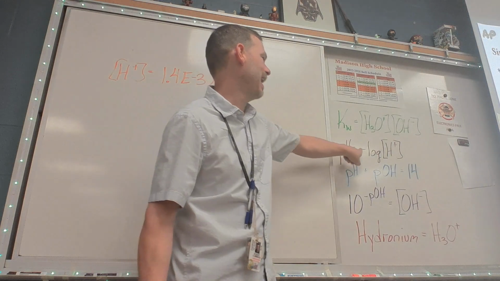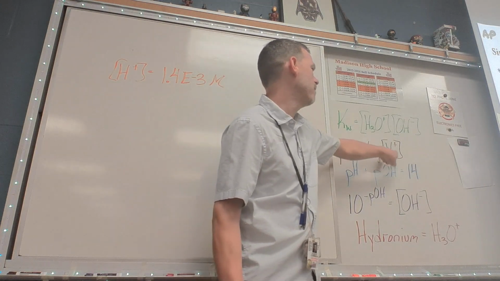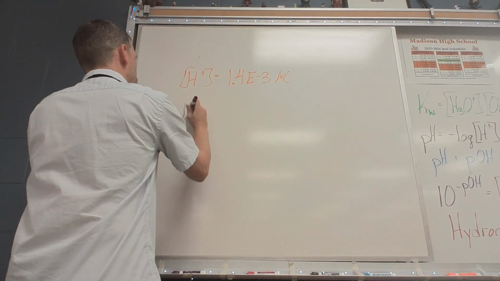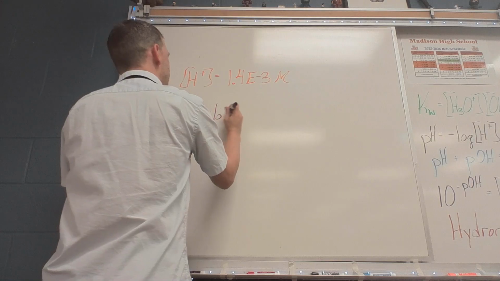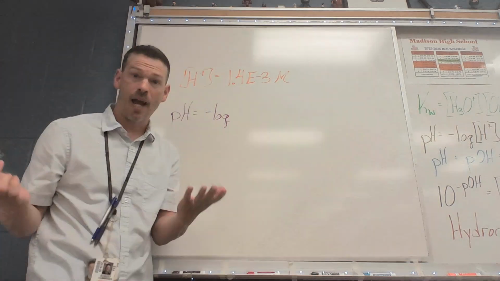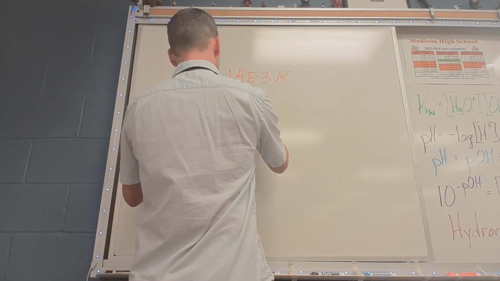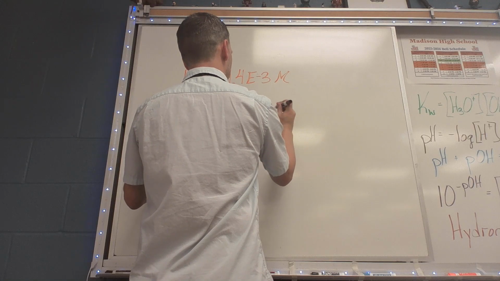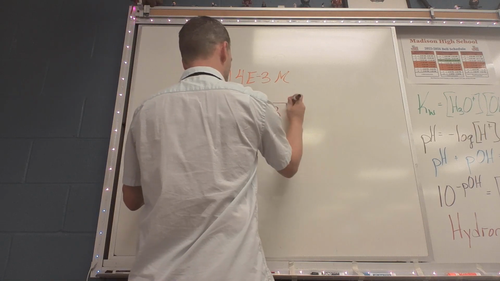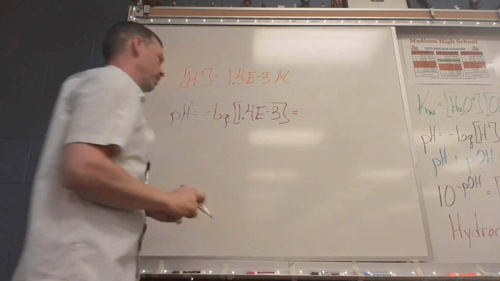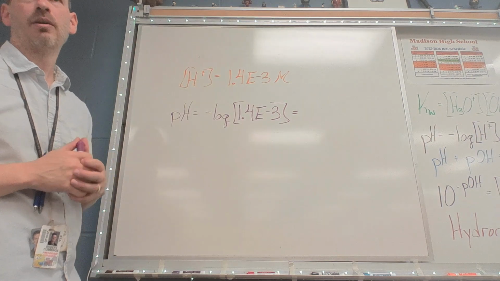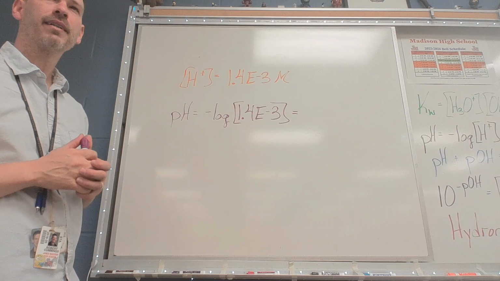The pH is the negative log of the H plus concentration. So let's plug that in. In order to find the pH, it'll be negative log, which are just buttons on your calculator, of the H plus concentration. Get to an answer, but have the correct sig figs.